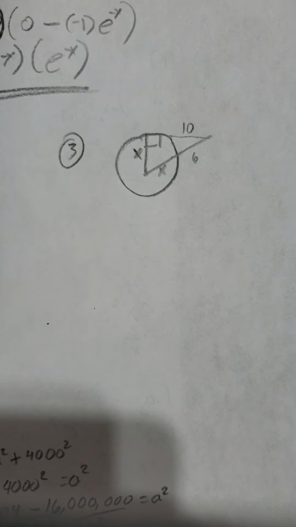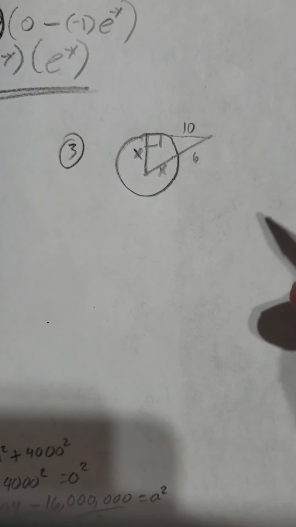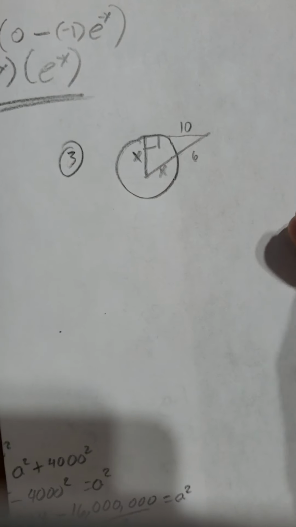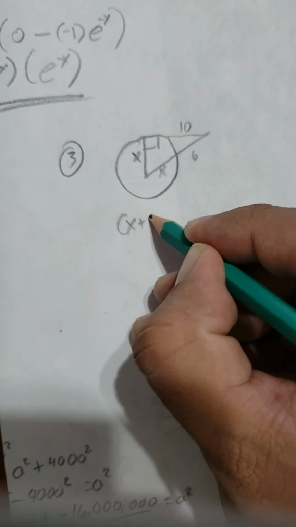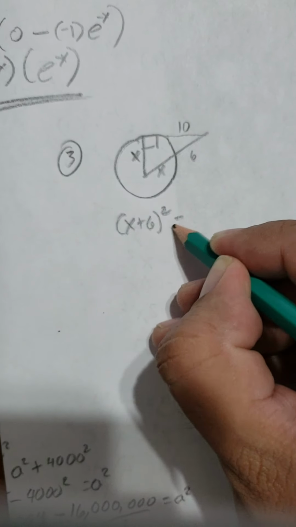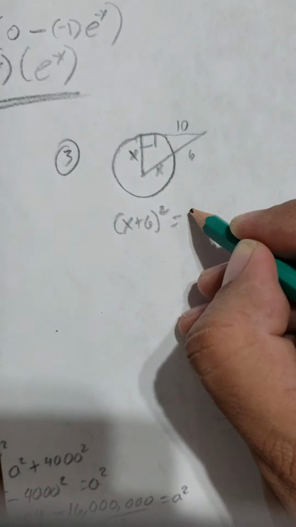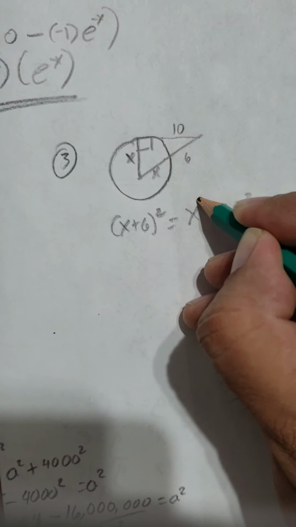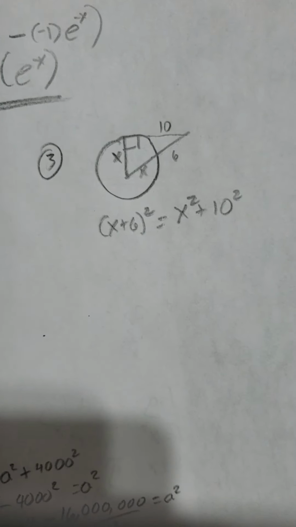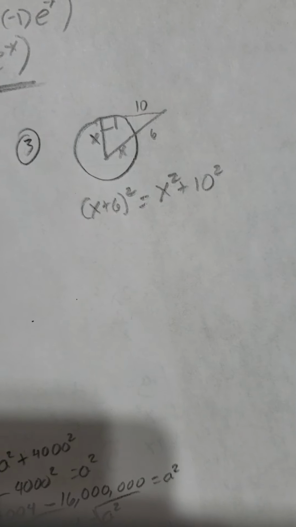What we have to do here is use the Pythagorean theorem also, but the relation is different. The hypotenuse is this distance, that means it's x plus 6 to the second power. One leg is x and the other leg is 10 to the second power, because we are using the Pythagorean theorem to solve this exercise.